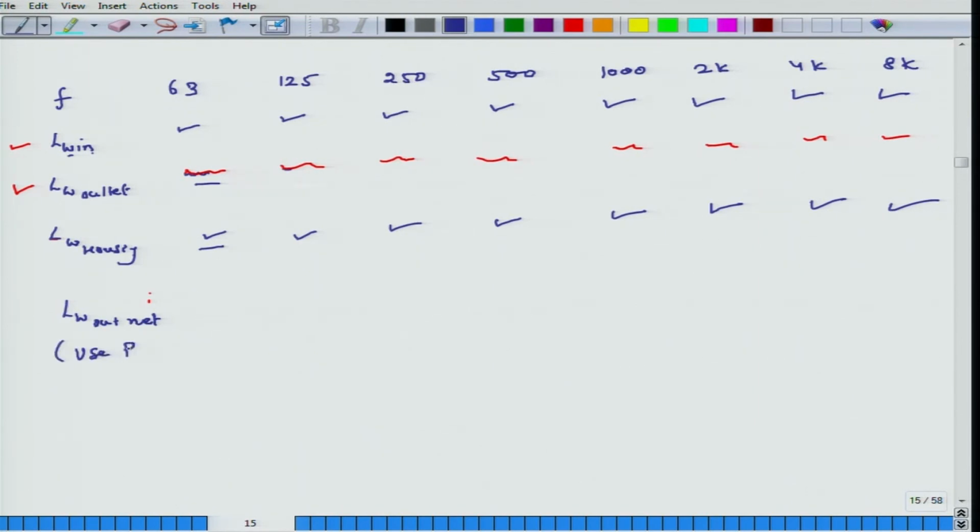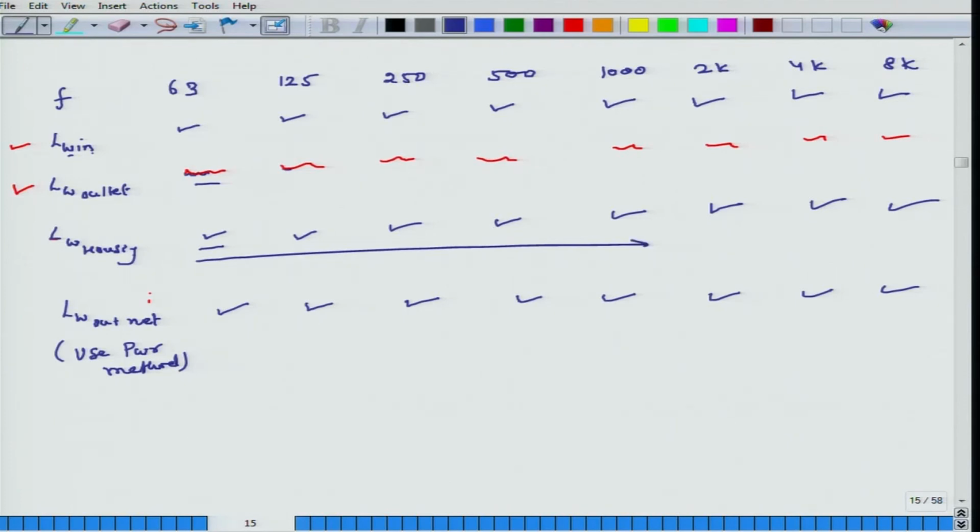But I use the power method for specific frequencies. I have to calculate this, this, and all these, and add powers for specific frequencies. I do not add them in the horizontal direction. I add specific frequencies. Okay, everyone understands this?